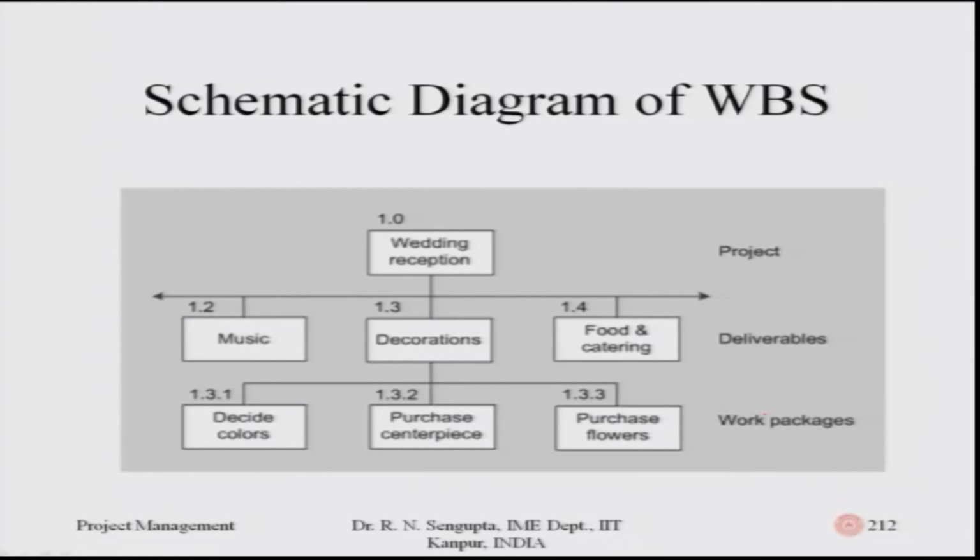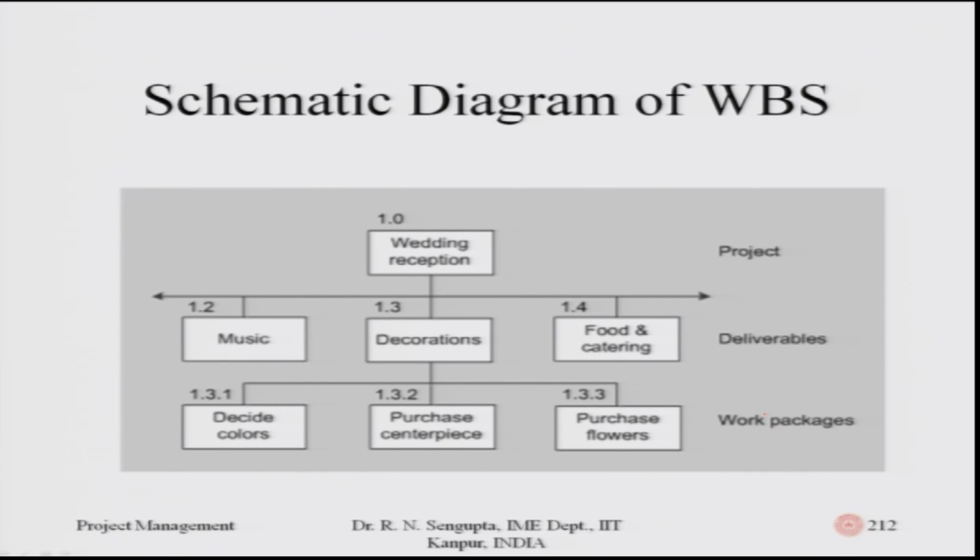Decorations are as mentioned. So, these numbers which are given, 1.2, 1.3, 1.4, are just a numbering system to help you understand. So, 1.1 would be somewhere on the left where I am showing, it is not shown. So, you will have 1.5, 1.6, and so on to the right.